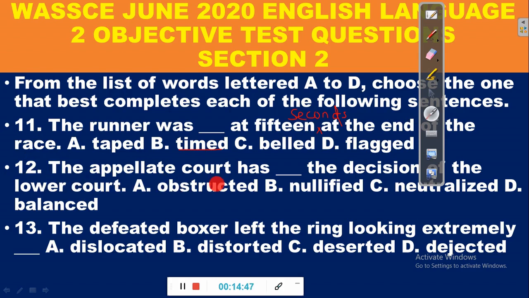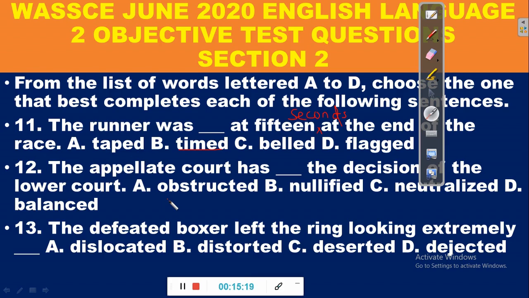Now let's go to the next one, question 12. The appellate court has dashed the decision of the lower courts: A, obstructed; B, nullified; C, neutralized; D, balanced. Now, let's examine these words one by one. Again, you can see that to solve questions in this section, you need your own active vocabulary.